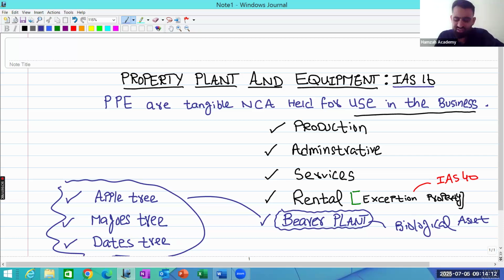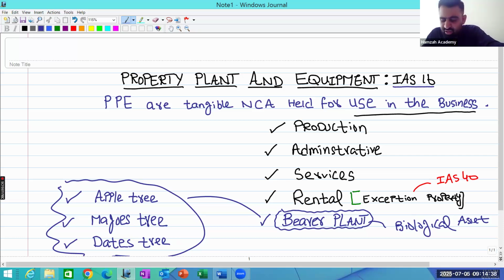So if you have a business, for example, an agriculture business in which you have apple trees and mango trees, those trees will come under IAS 16 property, plant and equipment. They do not come under IAS 41.